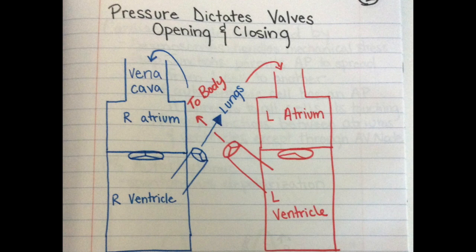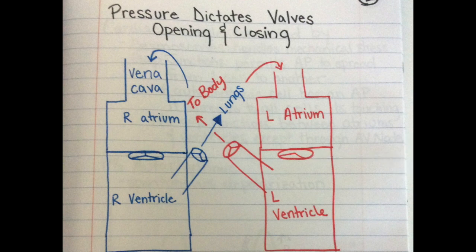This is accomplished through valves that are placed in between the chambers. In between the right atrium and the right ventricle is the right atrioventricular valve. In between the left atrium and the left ventricle is the left atrioventricular valve, AV valve for short.